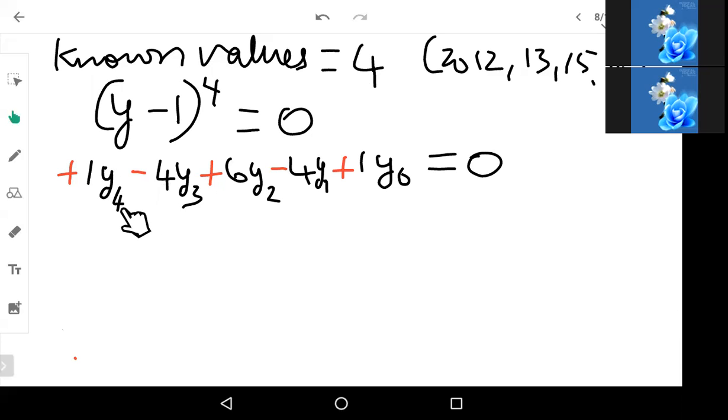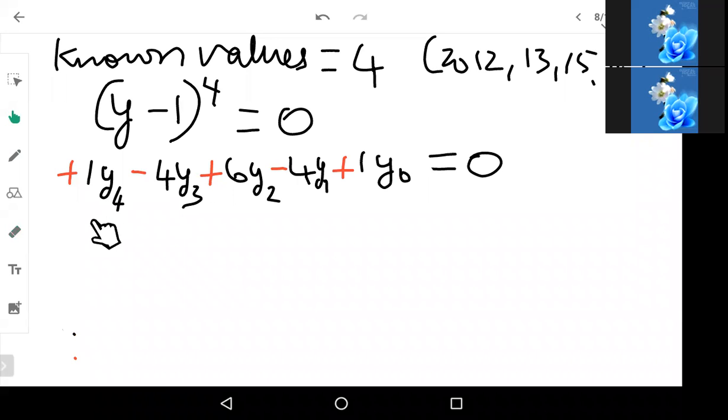Now expand this. While expanding, first write down the numbers from the Pascal triangle: 1, 4, 6, 4, 1. Now, from right side to left side, write down the y values: y0, y1, y2, y3, y4.